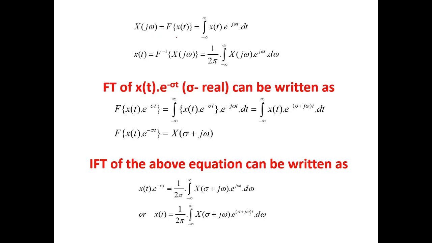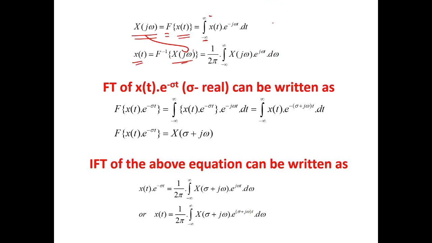Suppose we want to go to the frequency domain. If we apply the Fourier transform on the signal x of t, we get the Fourier transform as the integral from minus infinity to infinity of x of t e to the power minus j omega t dt. Now the inverse Fourier transform is given by x of t equals F inverse of X of j omega, equals 1 by 2 pi times the integral from minus infinity to infinity of capital X of j omega e to the power j omega t d omega.